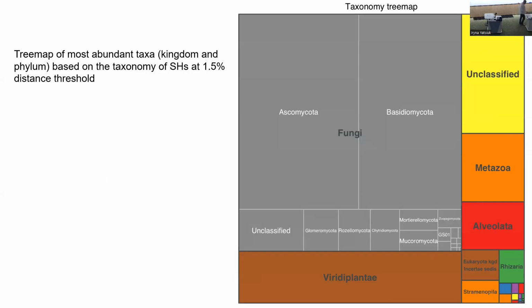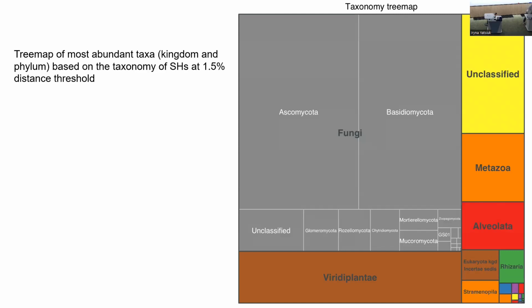And of course, fungi is probably the most diverse taxon when you think about soil examples, together with, of course, also insects and animal groups. All right.